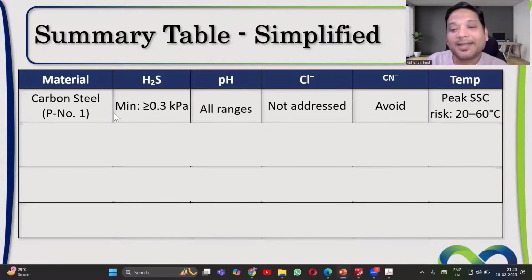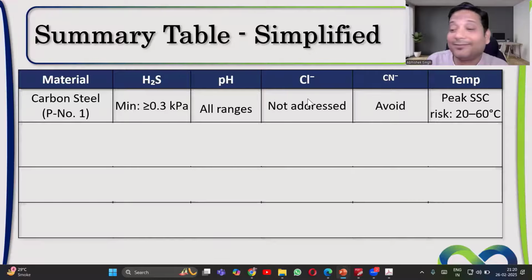Carbon steel. Partial pressure of H2S should be more than 0.3 kPa. For pH range, if the H2S pressure is low, then you can take even the whole range of pH values. Once the H2S pressure rises, if it is closer to 10 kPa, then you'd like to have a neutral pH value.